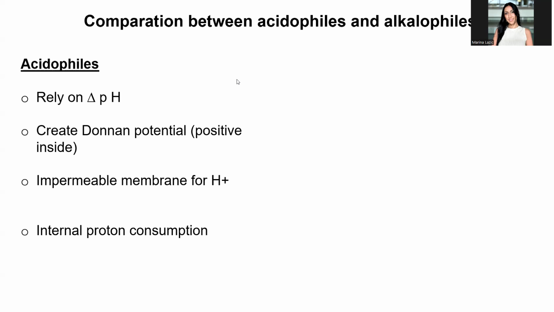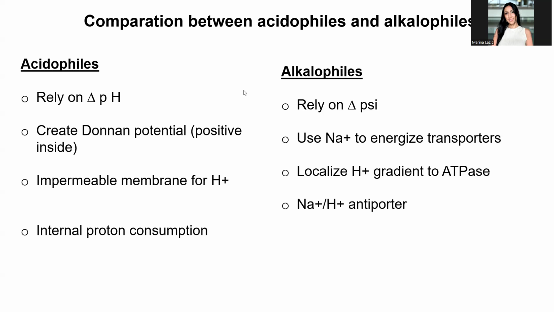They have a membrane that is impermeable to protons, and they develop compounds inside the cell to consume protons, like decarboxylase. Alkaliphiles rely on the electrical component of proton motive force, which is delta psi. Sodium is used to energize transporters, except for ATP synthase, which uses protons. The main adaptation is the sodium hydrogen antiporter, and I would add menaquinone, which is a different version of quinone in the electron transport chain.